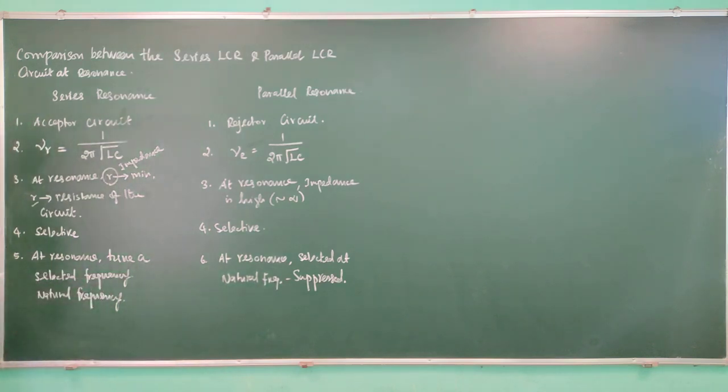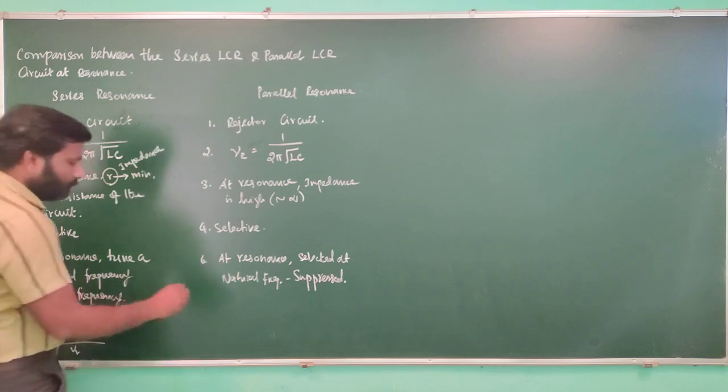Let me recall the resonance curve. So this is natural frequency, this is current. At natural frequency the current is maximum, that's why it is said to be a selector circuit.